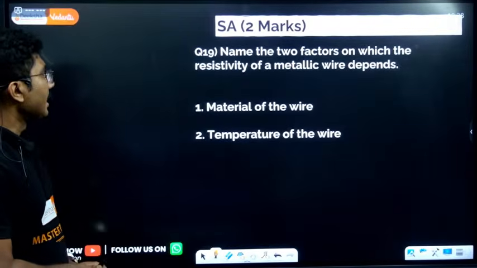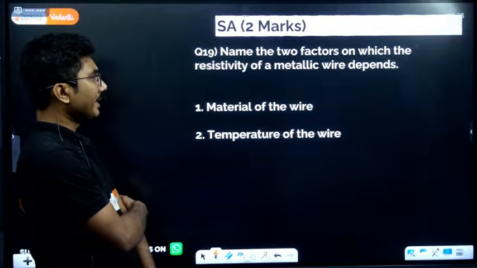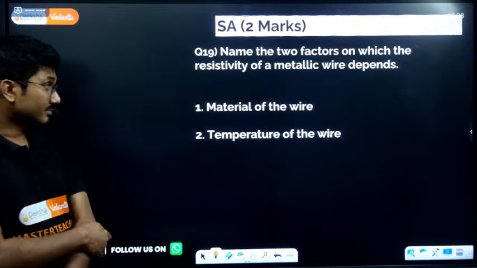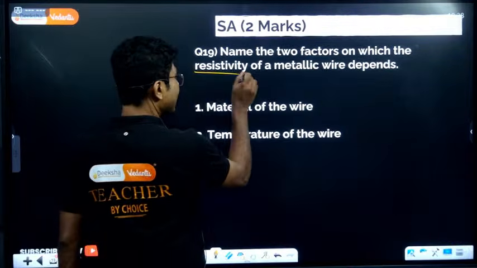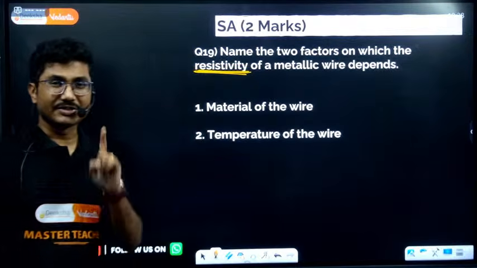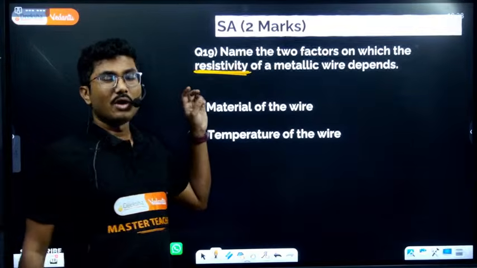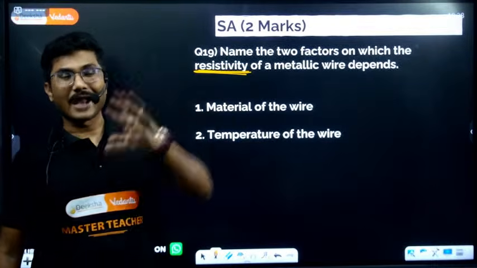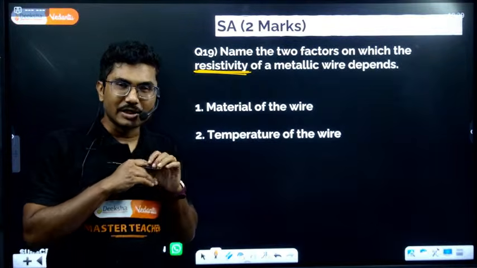Next, name two factors on which the resistivity of a metallic wire depends. Here it is resistivity. Make sure this is resistivity, not resistance. Resistance and resistivity are completely two different things.